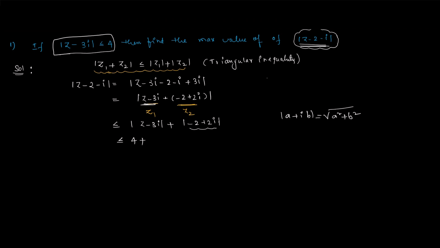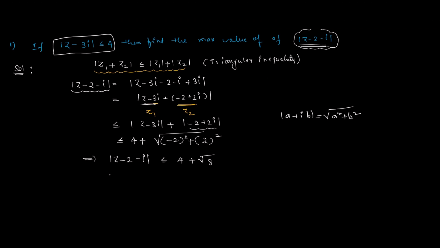So here we have modulus of minus 2 plus 2i. What is that? Root of real part square, that is minus 2 whole square, plus imaginary part square, that is 2 square. So finally, we started with modulus of z minus 2 minus i, which is less than or equal to 4 plus root of 4 plus 4, that is root 8.